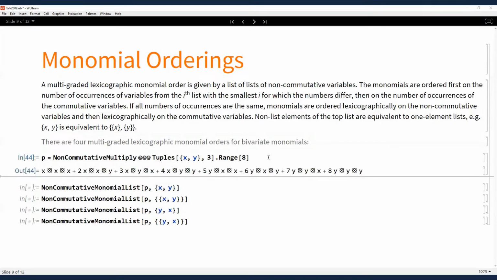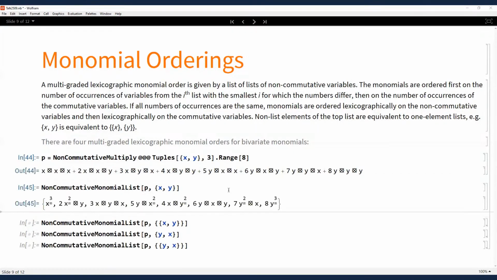So here is a polynomial of degree 3 in two variables. And let's see how the monomials are ordered using different monomial orders. So here is the monomial order singleton x singleton y.